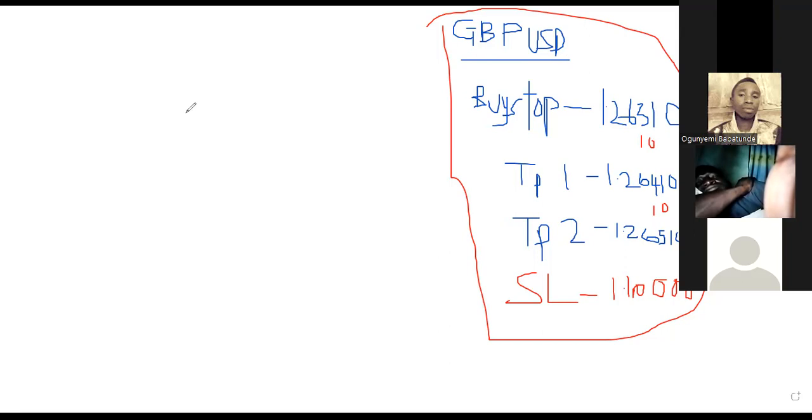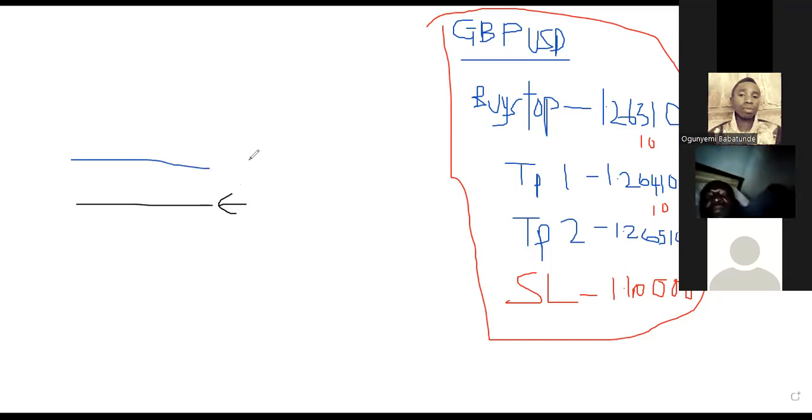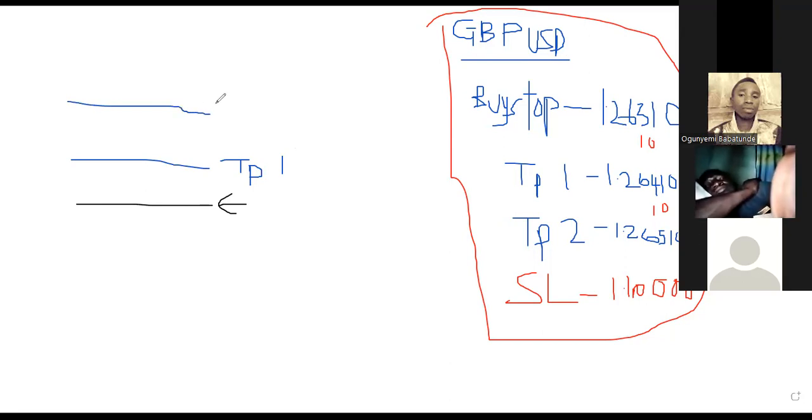Let's see on my chart. This is my entry point. Then this is my TP1. Then this is my TP2. Then this is my stop loss.